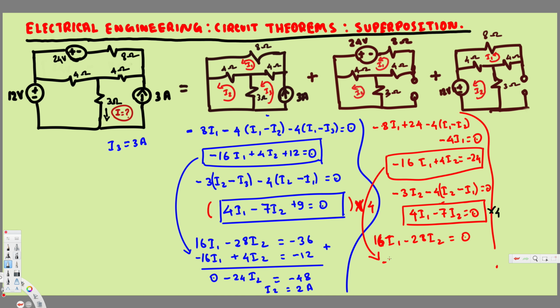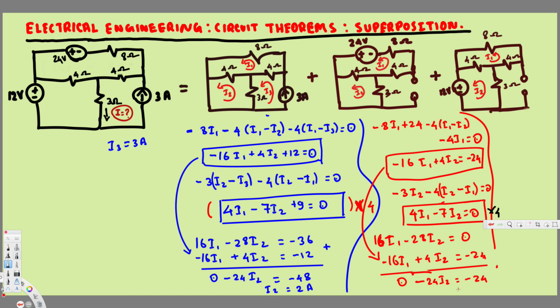Now let's bring this one right here. That's going to be minus 16 I1 plus 4 I2 is equal to negative 24. From this one we can see that this is 0, this is going to be negative 24 I2 is equal to negative 24.